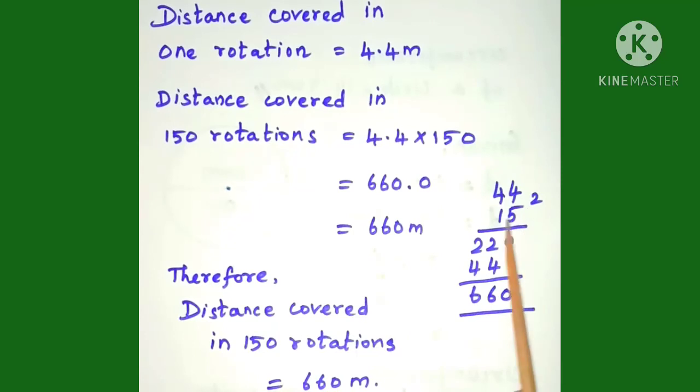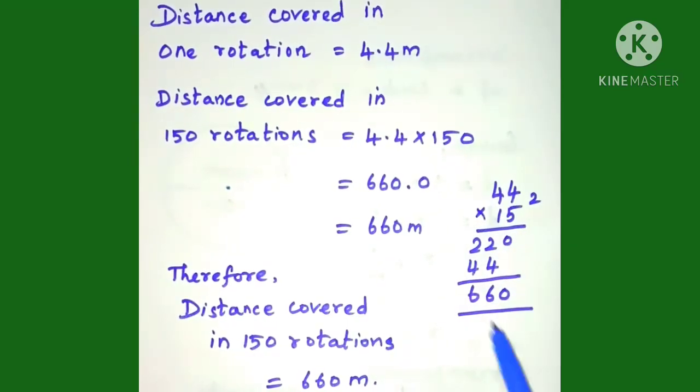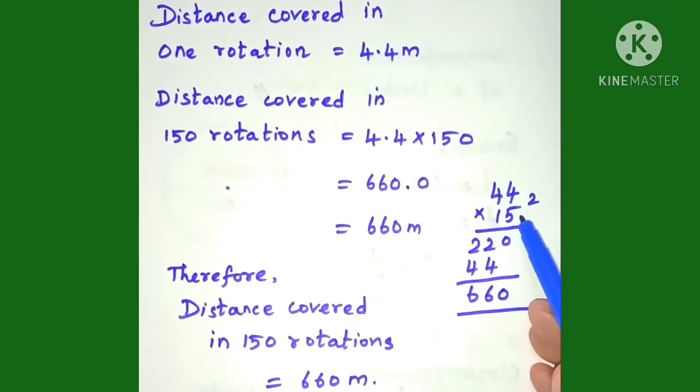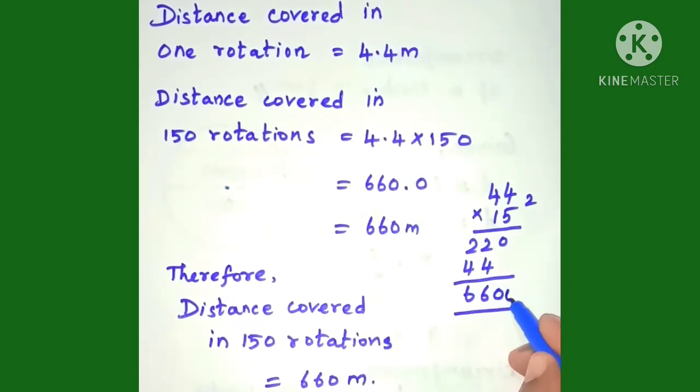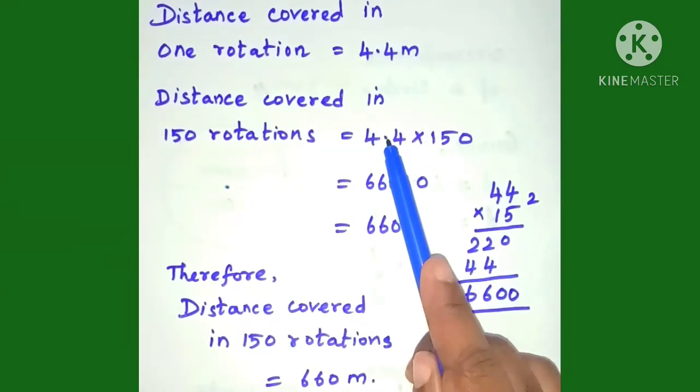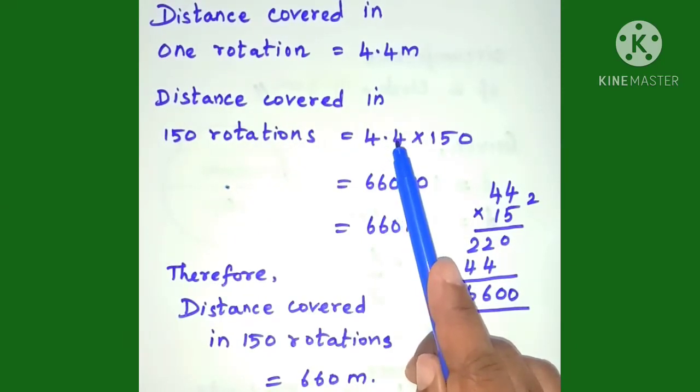So here 44 into 15, so we can leave the 0 also. So first 44 into 15, when we multiply these two values we get 660, and there is a 0, isn't it? 150, so put 0.